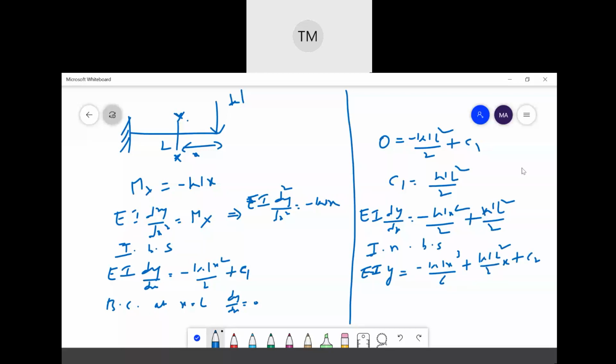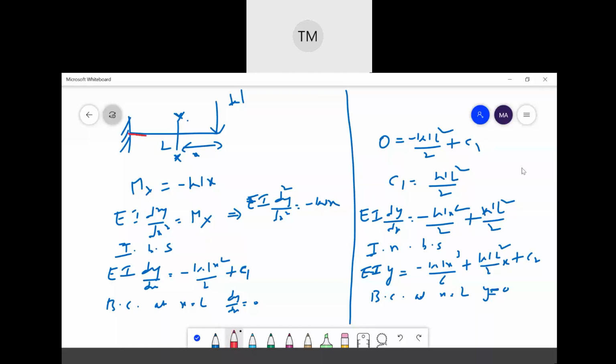What boundary conditions do I have? At x is equal to L, y is equal to 0. When you see here, the deflection of the beam will be like this.